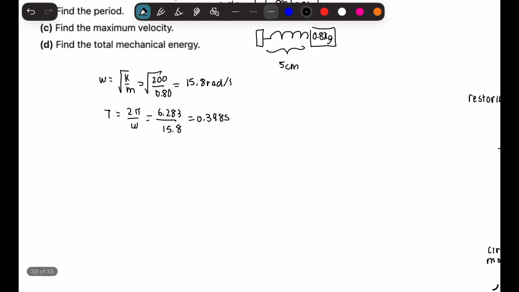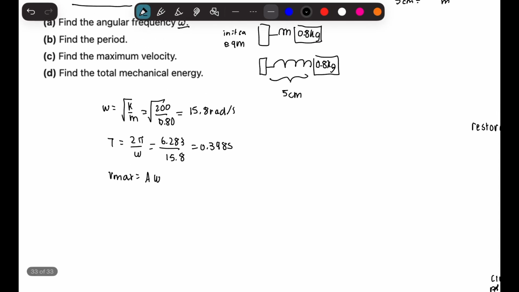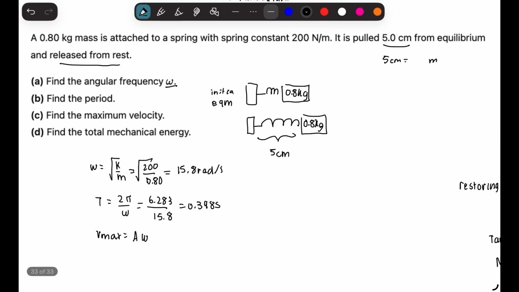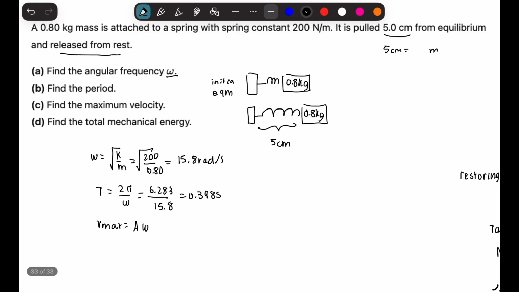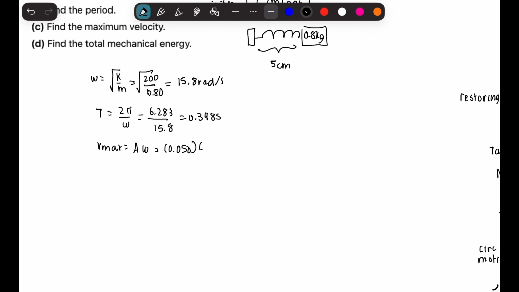We want maximum velocity. So that's amplitude times omega. Our amplitude is 5 centimeters, and 5 centimeters appears to be our max. So we're going to use 5 centimeters here. That would be its maximum compression and stretch, so that's our amplitude. That would be 15.8 omega, which we calculated, 0.79 meters per second.